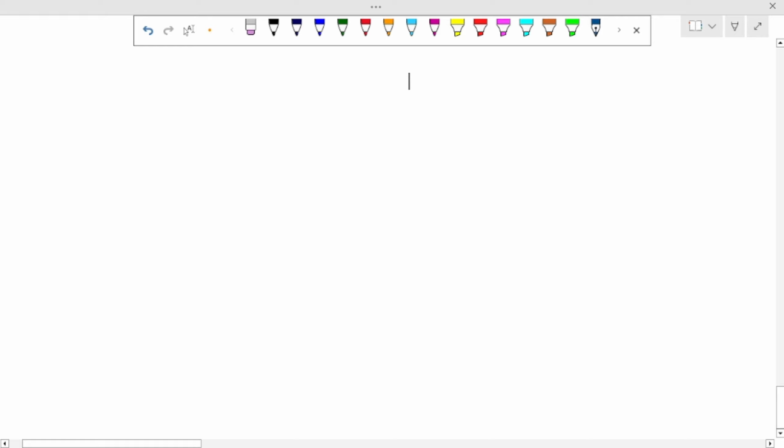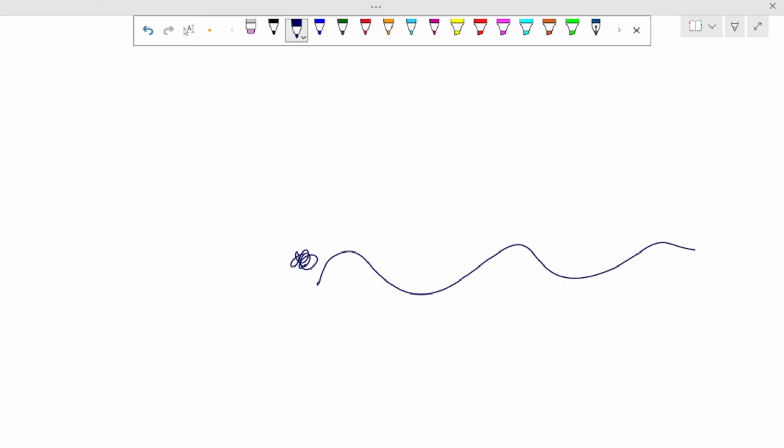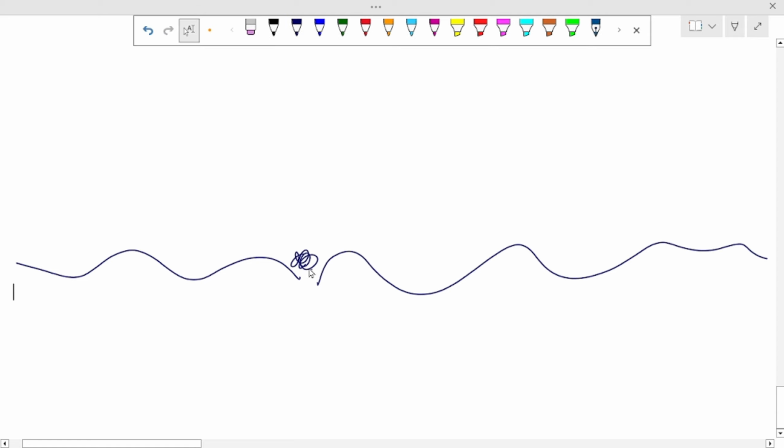The thing is this: what we need wave, look at this. Now this wave moves from one point to another.